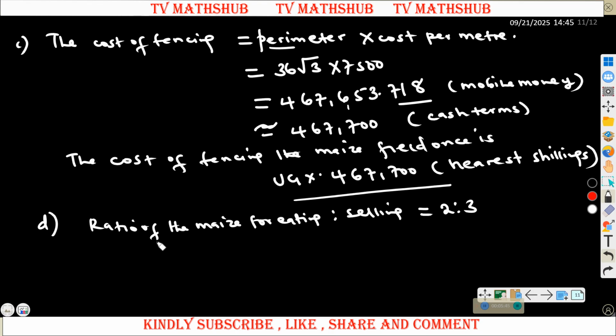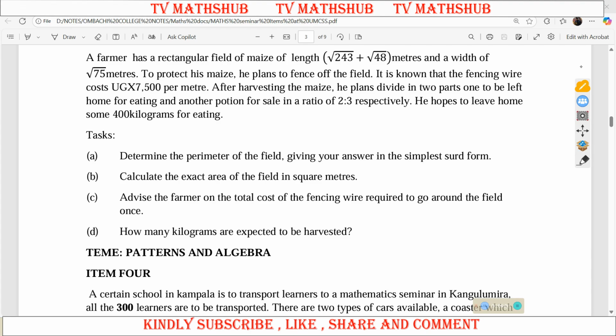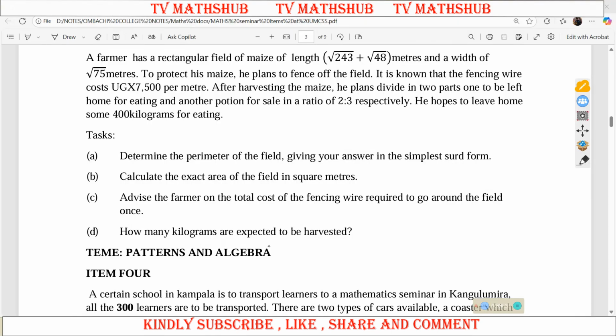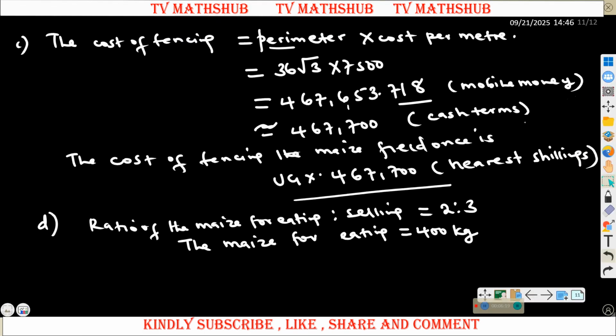It means the maize that will be left home for eating is equal to 400 kilograms. So what we need now is the total, how many kilograms are expected to be harvested. So that is the total amount of maize that will be harvested.